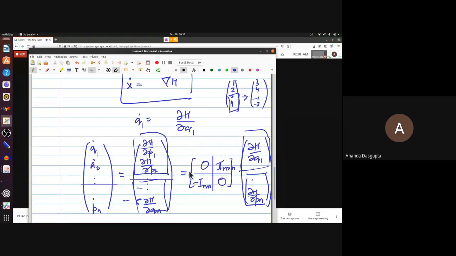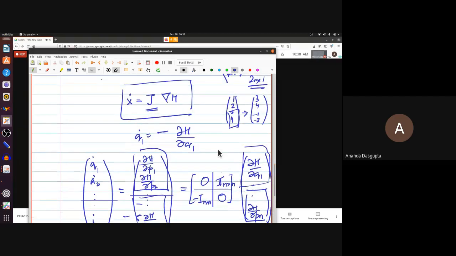So basically what you can write here is x dot is a matrix J times grad H. And it's this matrix J, which is a block antisymmetric matrix. And it is an antisymmetric matrix, which actually helps us to give rise to a new kind of structure which these equations have.